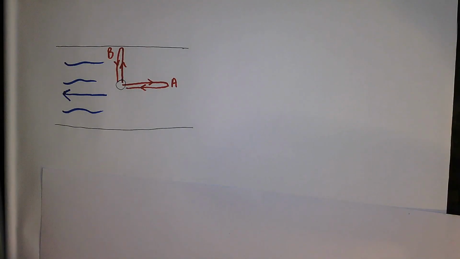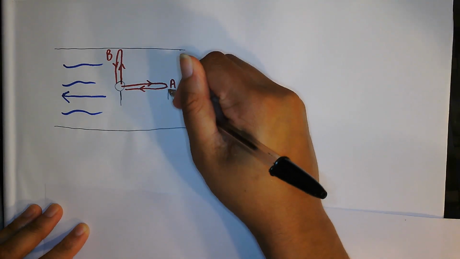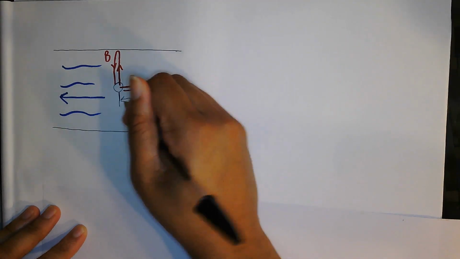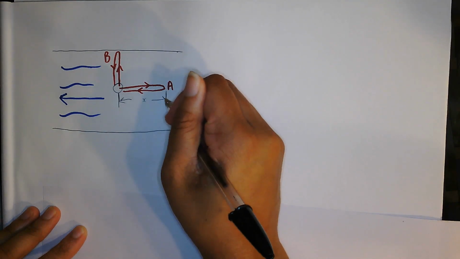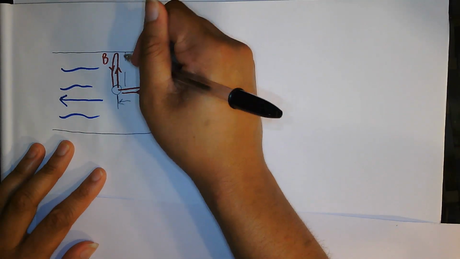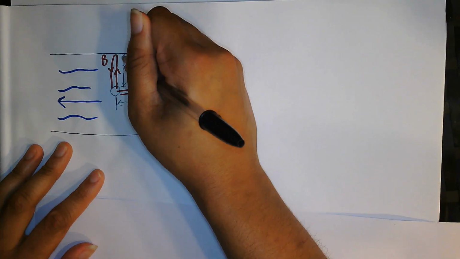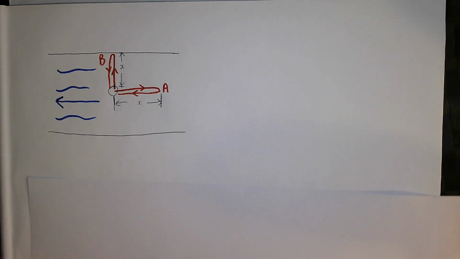So we can call that distance x. So on our diagram, the distance between there and there, that is x. And also the distance between here and here, that is also x. So equal distances.